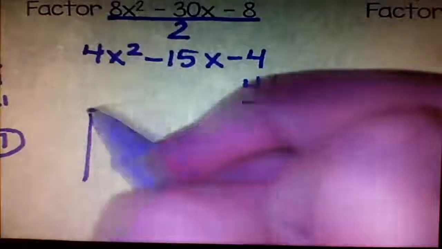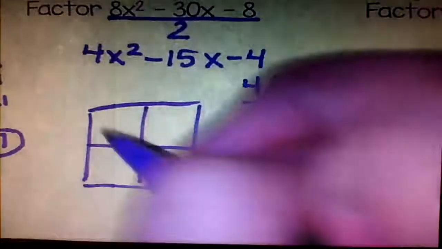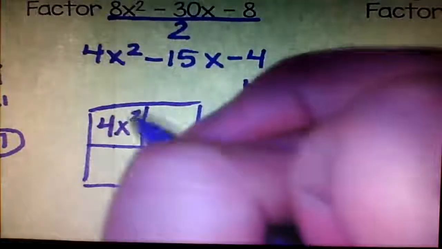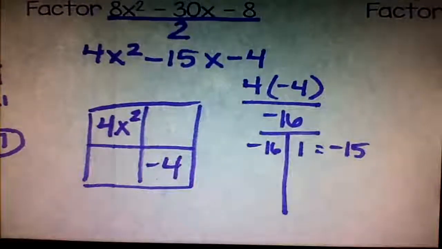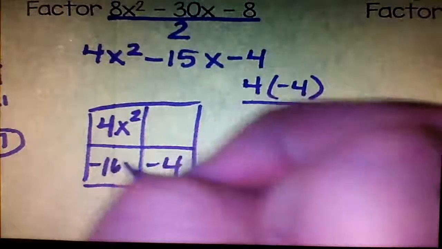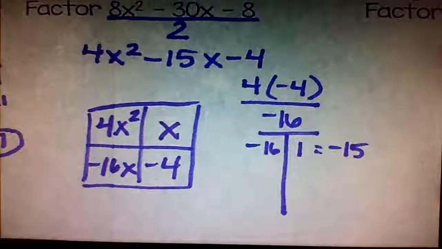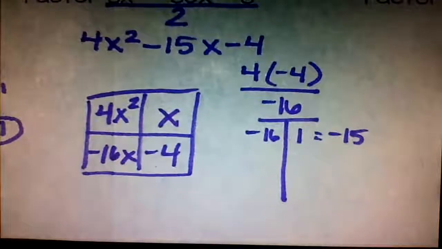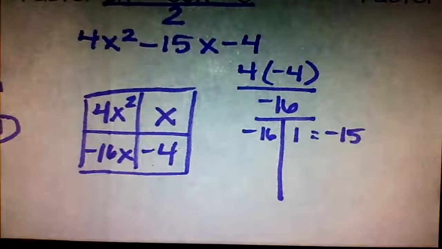So when I put it in the box: 4x squared, negative 16x, and just x. Technically it's a 1x, so you don't have to write the 1. If you want to write the 1, you can.